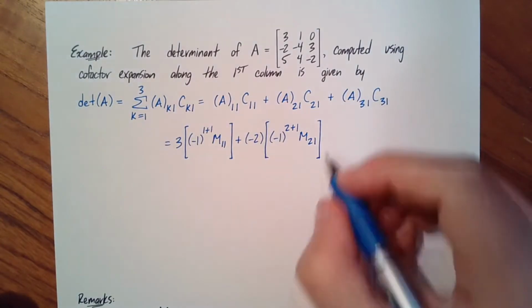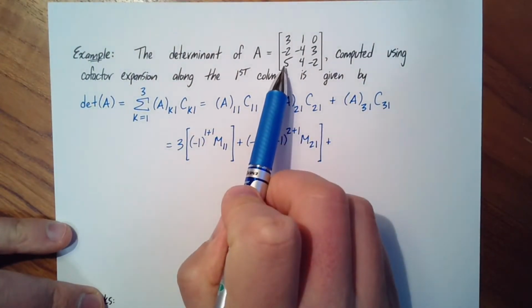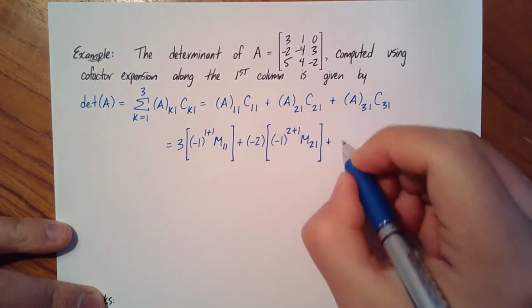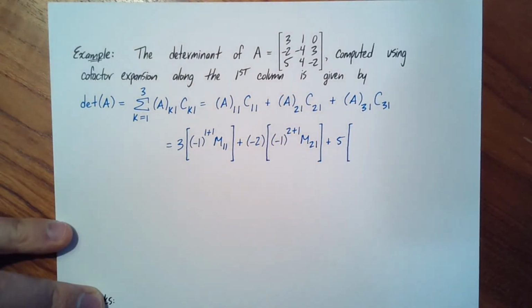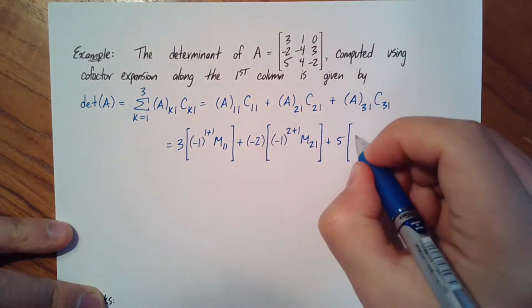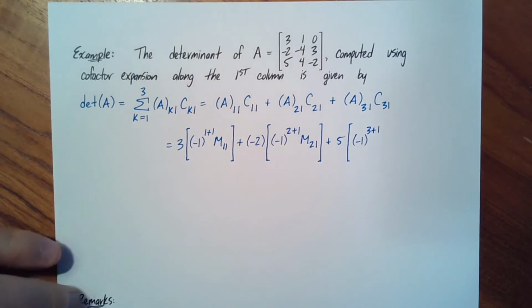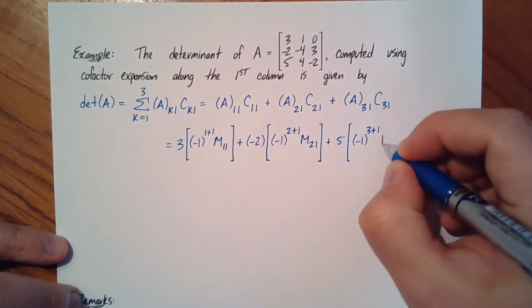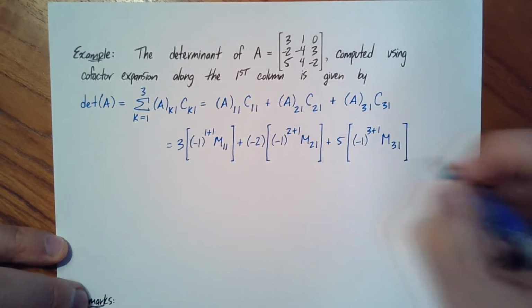Now our third term is going to be A31. So that'll be the entry in A that's in the third row, first column, which is a 5. And then what do we have? We'll have negative 1 to the power of 3 plus 1 times the minor corresponding to the third row in the first column. Okay, finally.